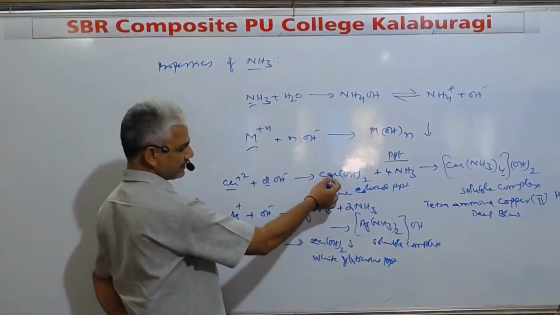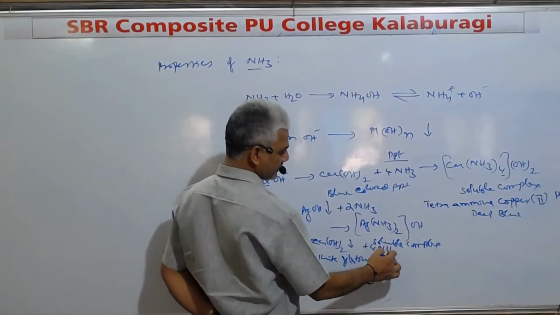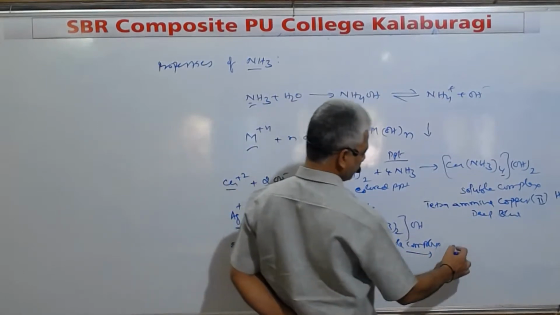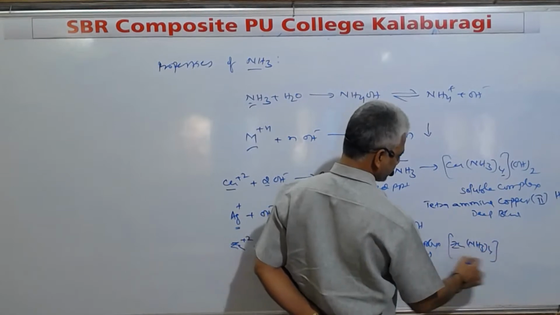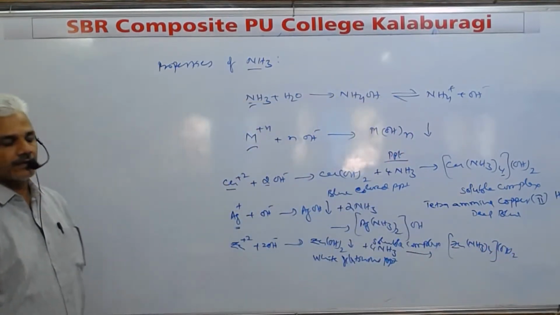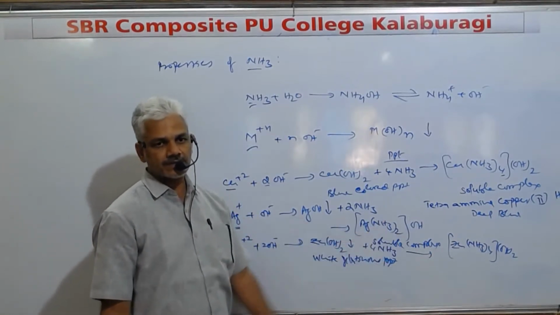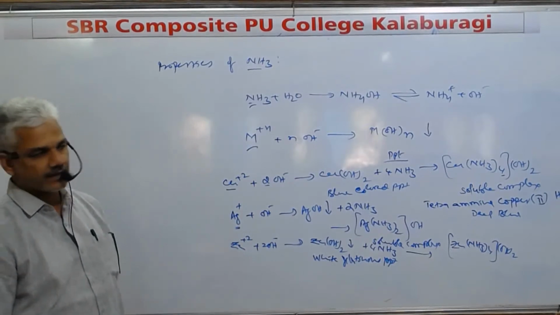And just like the previous cations, it is also soluble in excess of ammonia. And the soluble complex formed here is Zn(NH3) taken 4 times, OH twice. So initially we get a white gelatinous precipitate which dissolves on the addition of excess ammonia.